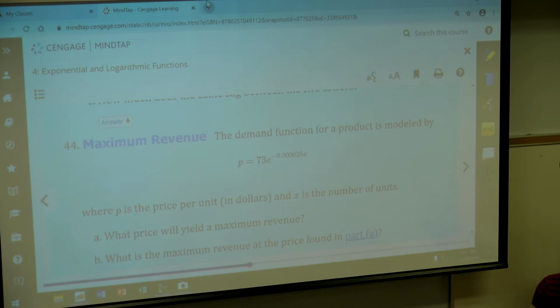U, v prime is 6. V, u prime is 3e raised 3x. We're going to do the same thing that we did with the first derivative. What is common between this term and that term? 3e raised 3x.